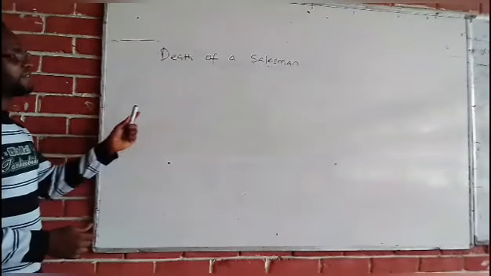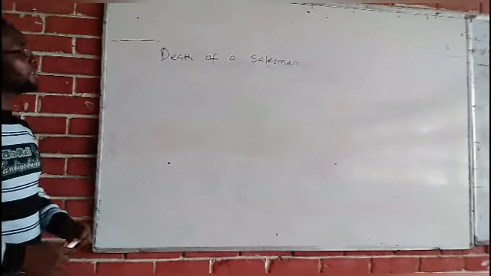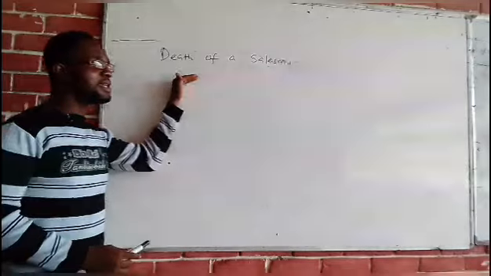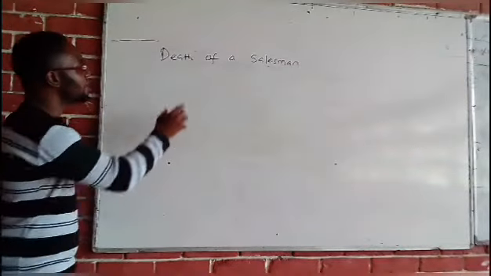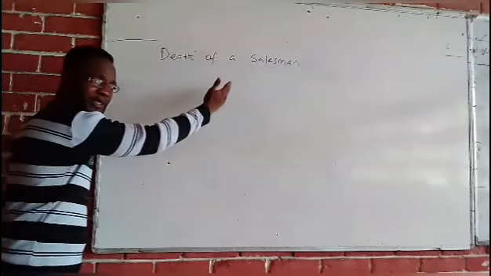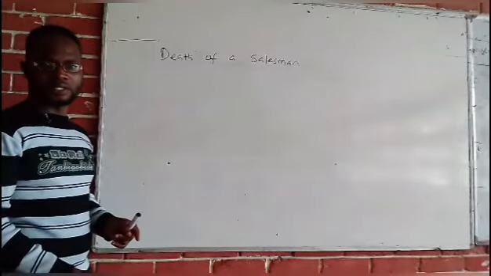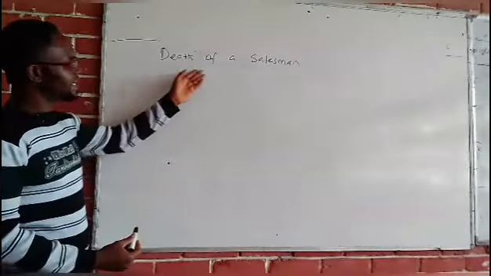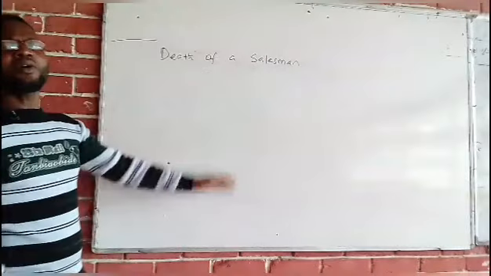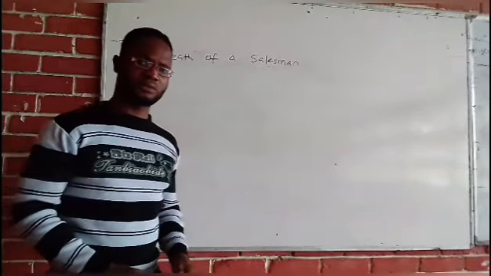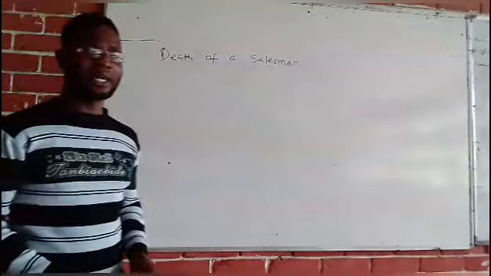Now, how do we know if it's a phrase or a clause? It's simple. Like we said before, the first thing to check is if we have the subject and the predicate. It's to know if we can partition into subject and predicate.